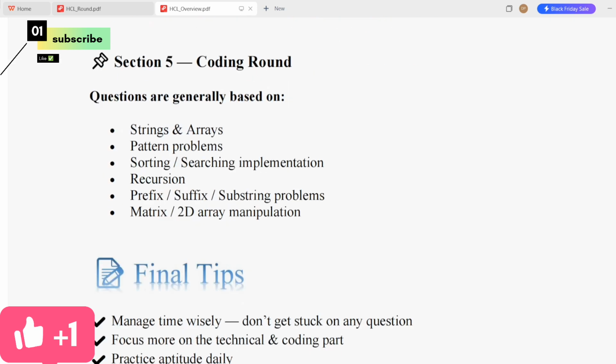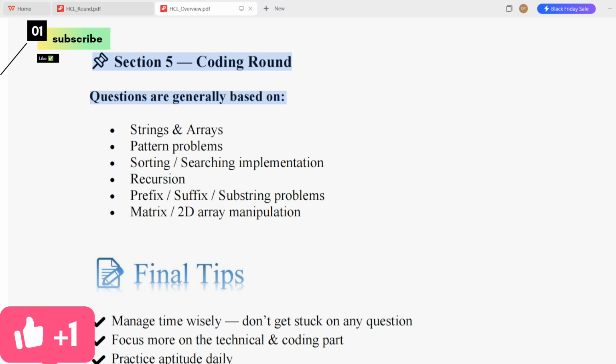Okay, and session five is the coding round. You will get one or two coding questions, and 20 to 30 minutes is the time. Questions are generally based on strings, arrays, pattern problems, sorting, searching, implementation, recursion, prefix-suffix problems, and 2D matrix implementation. Examples: moving hashes to the front of a string, rotations in an array, finding the longest substring without repeating characters, counting the frequency of elements.